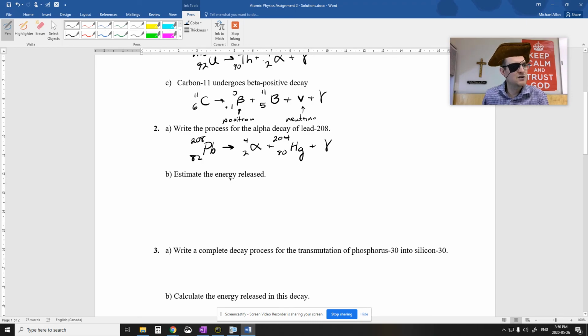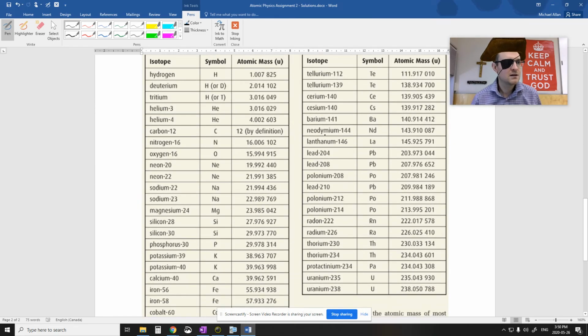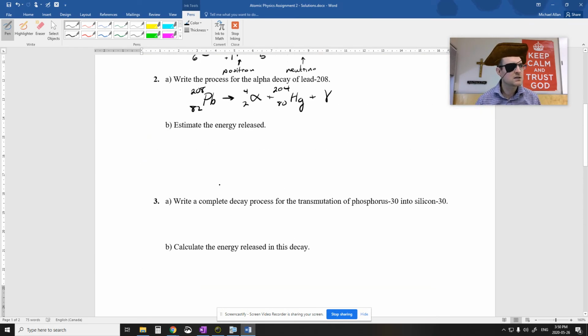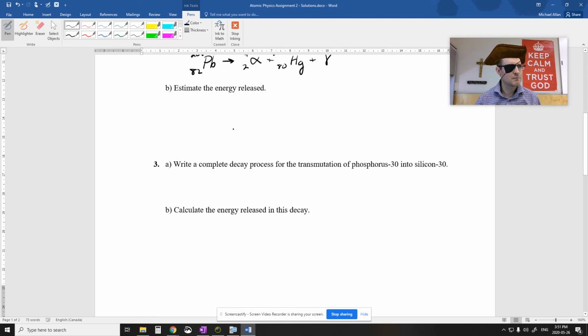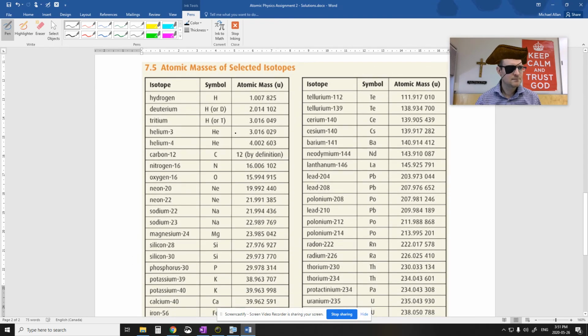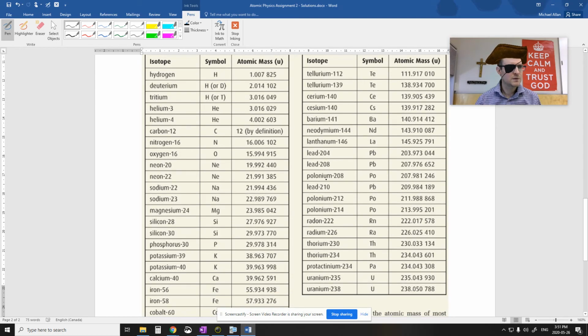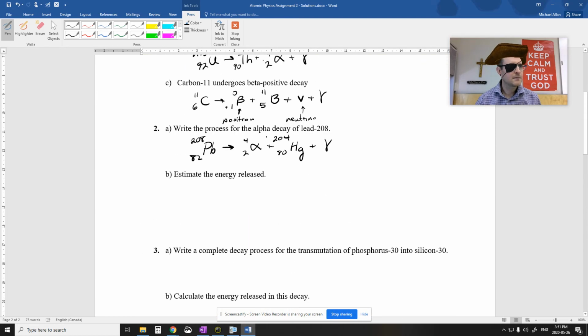Estimate the energy being released here. So that's what the second page is all about. I got mercury, I got lead down here too. Okay, so mercury. What am I doing here? Mercury 204, lead 208. So the mass before, I'm trying to write small here, and the mass after.